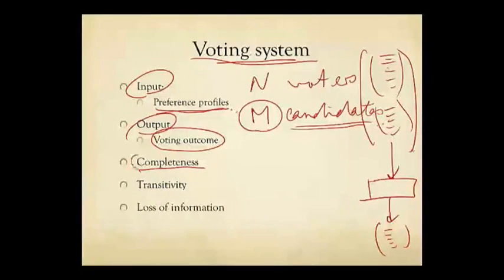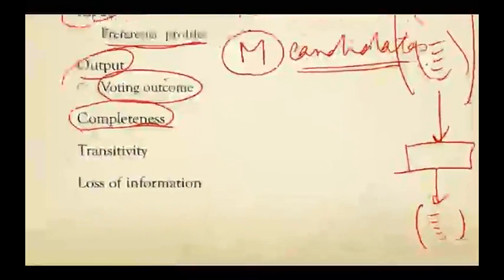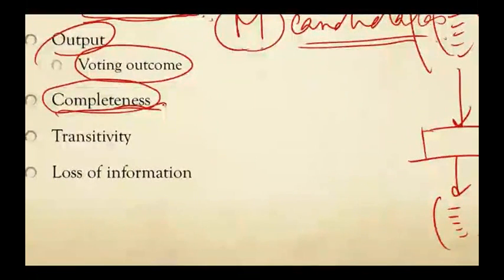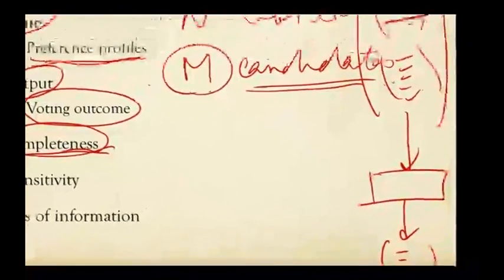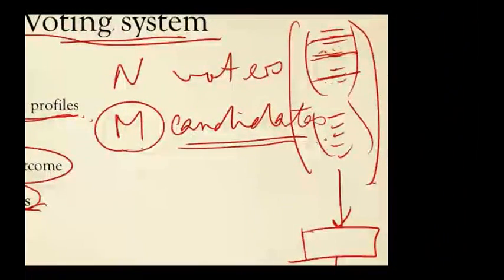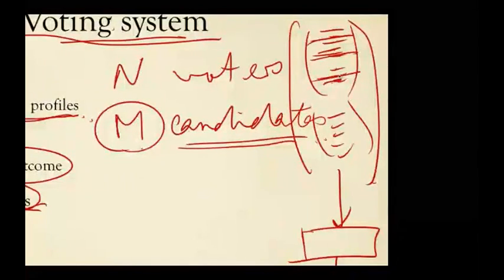In many practical cases, that doesn't have to be. For example, in the rough consensus formation process in Wikipedia, a lot of times the committee members or the editors may not have a complete list. They may say, well, there are 3 choices, and I just want to make sure choice A is higher than choice B. I don't care where choice C might be, whether it's right here or right below there.